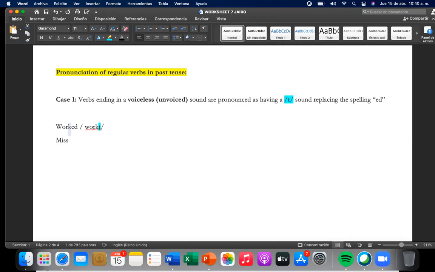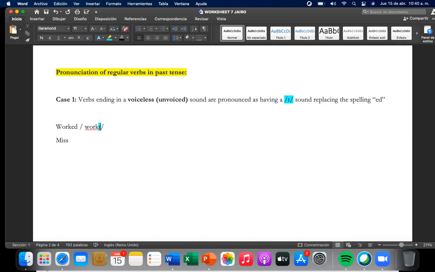Look, k es voiceless, no vibra, ¿cierto? Entonces, el pasado, ese ed, ¿cómo vamos a diferenciar el verbo de presente y de pasado? En presente digo work, ¿cómo lo digo en pasado? Entonces la regla nos dice, como termina en un sonido que es voiceless, hay que colocarle el t sound al final para que quede en pasado. Entonces decimos worked. So everybody, let's do it.